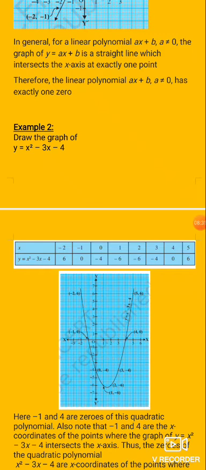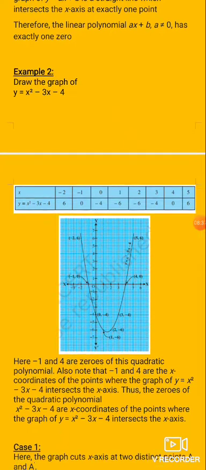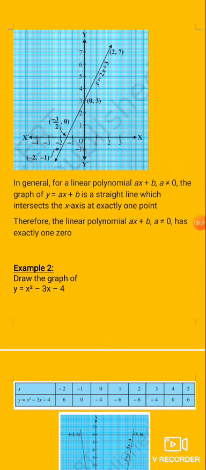Also note that minus 1 and 4 are the x coordinates of the points where the graph of y is equal to x square minus 3x minus 4 intersects the x-axis. So listen carefully, students. Here the graph touches the x-axis at exactly 2 points. But in the case of what? The linear polynomial also, what? The graph is a straight line.